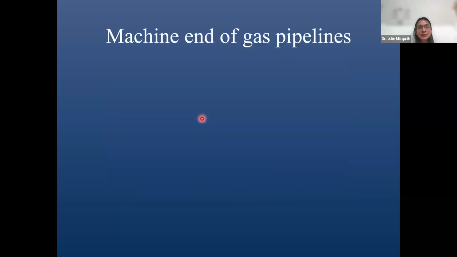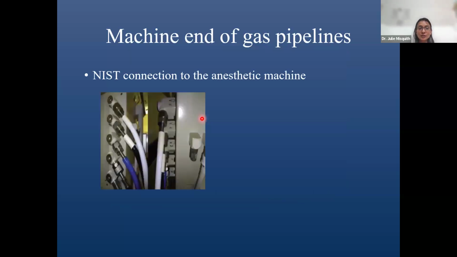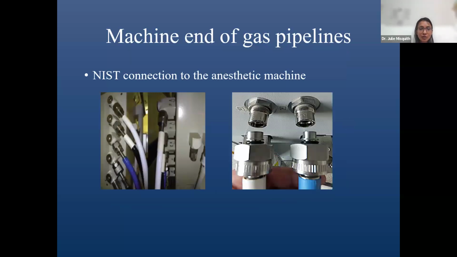Now, when you come to the machine end of the gas pipelines, the non-interchangeable screw thread connection to the anesthetic machine is unique for each gas. Each flexible hose ends in a unique fitting of a nut and a probe. This ensures hose connection specific to that gas.